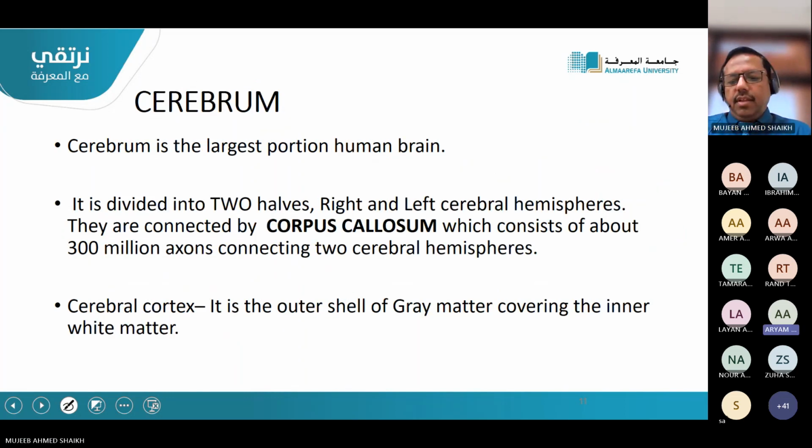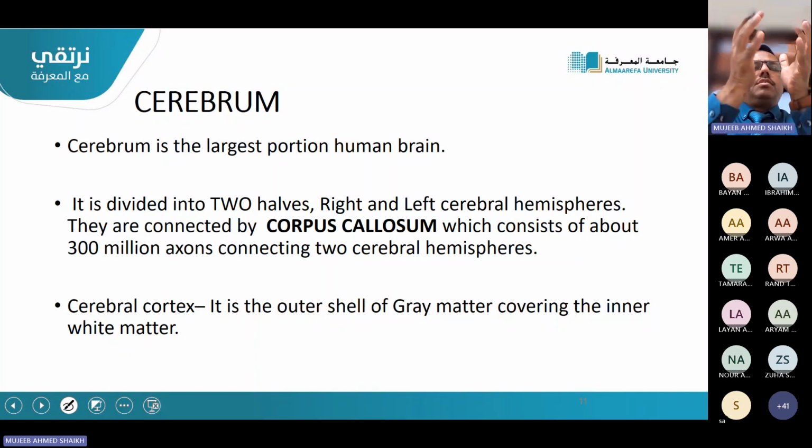The cerebrum is a big mass of tissue, but it is divided into two halves, a right half and a left half. So we call them cerebral hemispheres. Hemi means half.